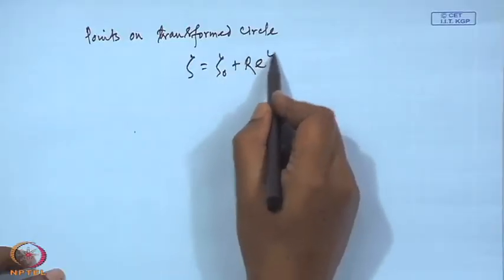Points on transformed circles are given as zeta equal to zeta naught plus r e to the power I theta.